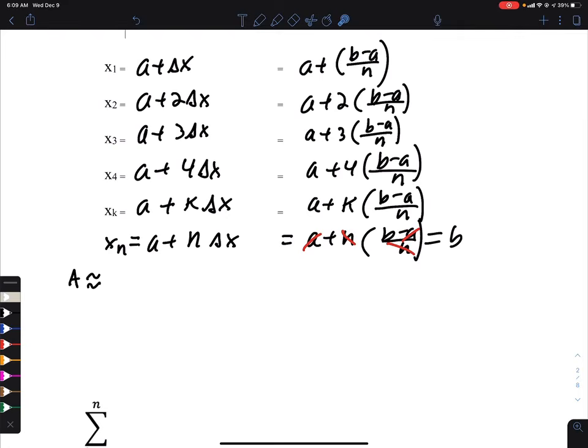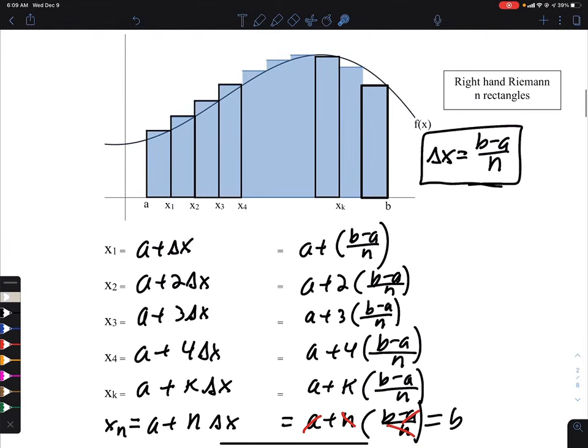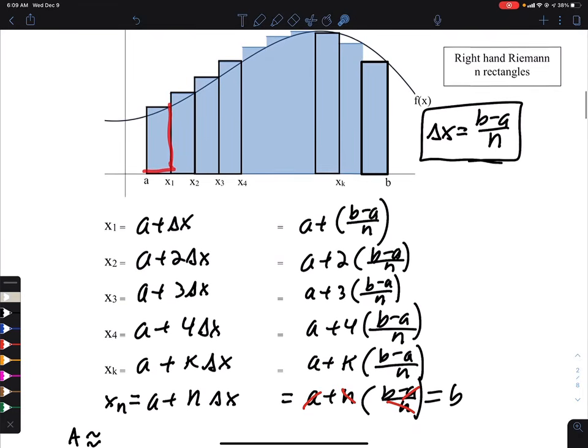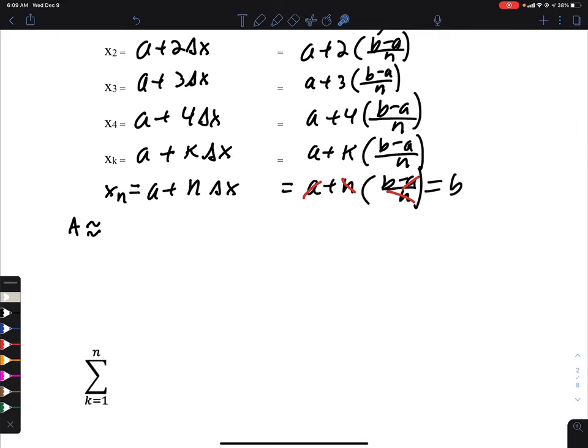Now, the area of a rectangle is base times height, right? So I'm going to do the height of the first one times the base plus the height of the second one times the base. Height of the third one times the base.